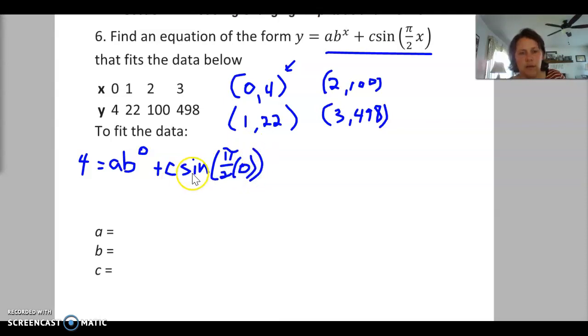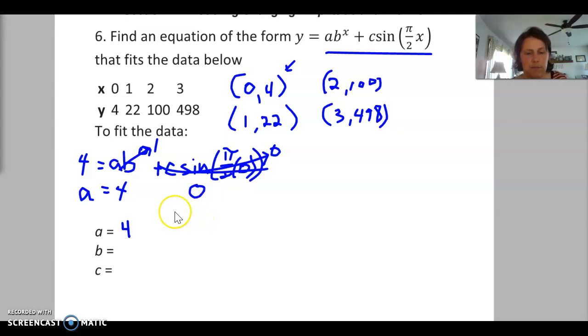So the sine of 0 is 0, and then c times 0 is going to make all of that 0. b to the 0 is 1, so that ends up making a equal to 4. So now we've already solved for 1. Now we're going to use that information for the rest of the pieces that we're going to find.